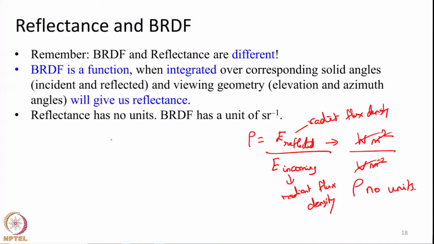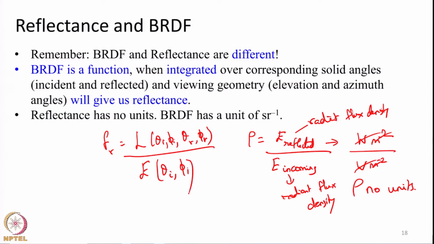Now we look at the definition of BRDF. BRDF is defined as radiance in a given direction divided by irradiance from a given direction. So, if we look at this, radiance has a unit of watt per meter square per steradian.